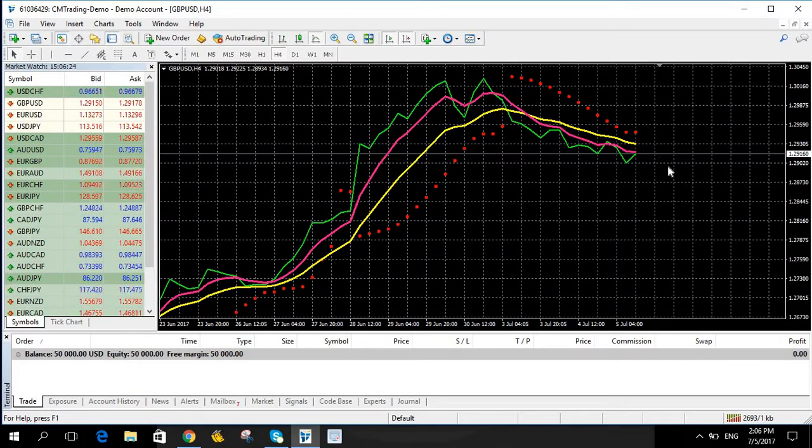All right, so the EMA 12 simply stands for exponential moving average 12, and the EMA 5 stands for exponential moving average 5. The way they work is simple. When the EMA 5 crosses below the EMA 12, then there is a confirmation that the sell is going to go for a while.